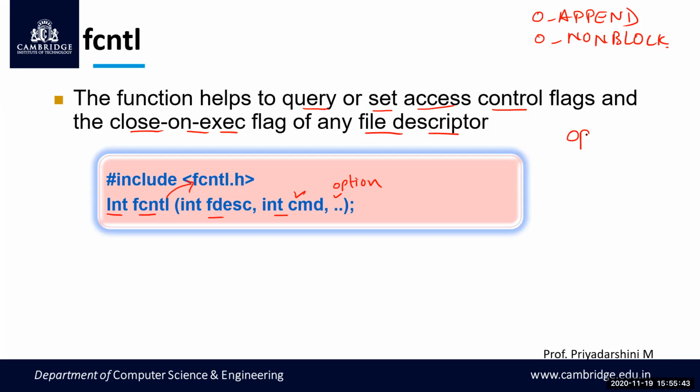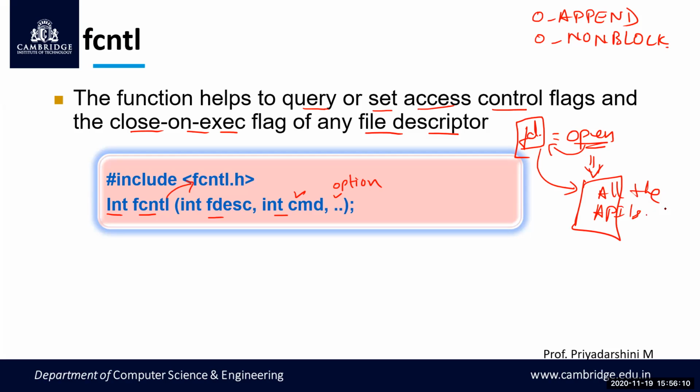After opening a file, you can use the many APIs defined in the UNIX system. This same file descriptor will be used for all the APIs that you use further. So the first argument, a file descriptor, is indirectly how you're accessing a file.